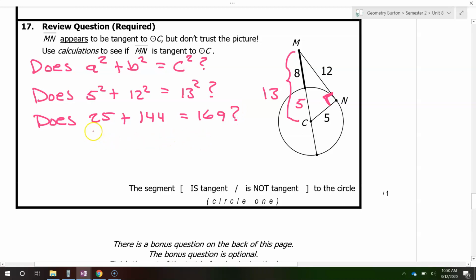And the answer is yes, because these do add up to 169. So yes, a squared plus b squared does equal c squared. That means that this is a right triangle, and if you have a segment that's perpendicular at a single point, it's going to be a tangent line. So since this fits the Pythagorean theorem, that means that this is, in fact, tangent.